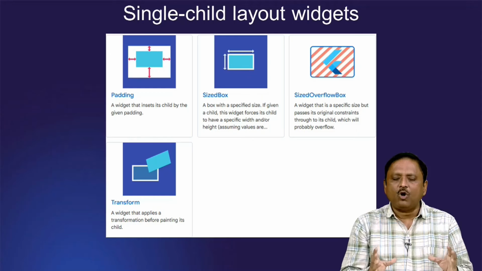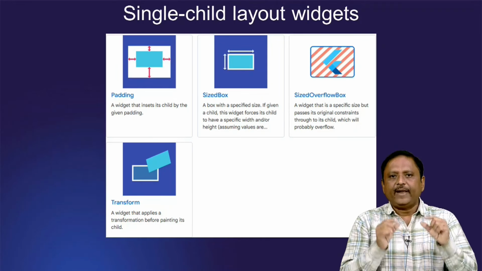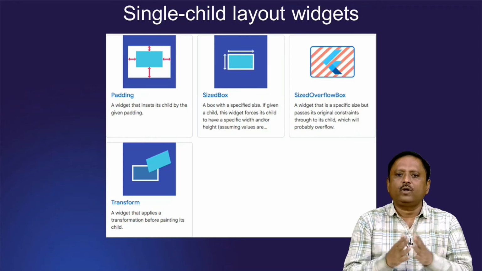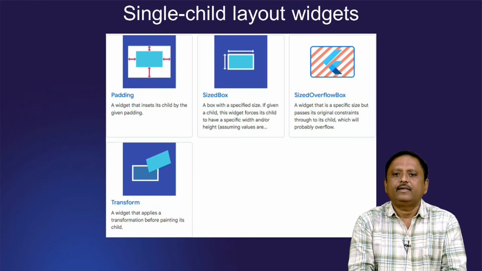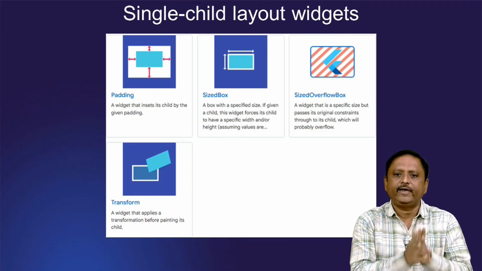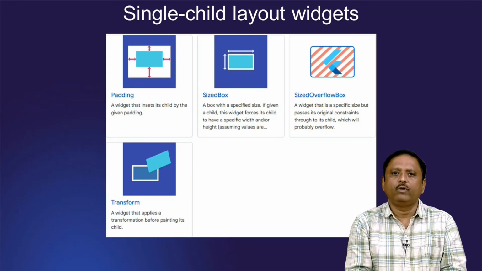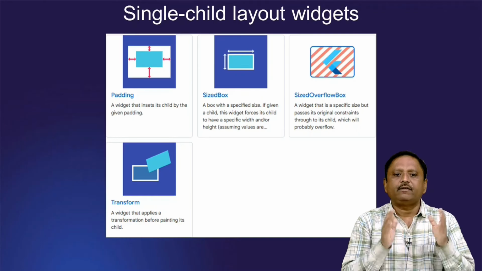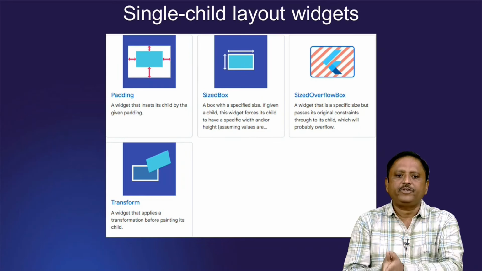There is a sized box, which is generally used to place space between 2 different widgets, and there is a sized overflow box, which is a widget that is a specific size but passes its original constraint to its child, which will probably overflow. Another type of single child layout widget is transform, which is a widget that applies a transformation before painting its child.